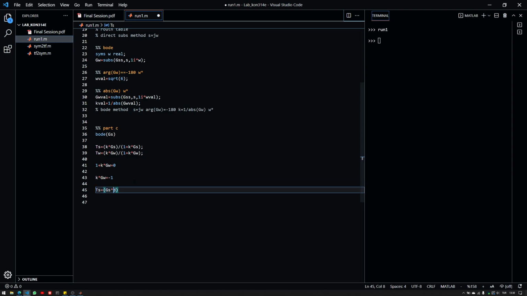And I know that the delay would be something like this, let's say e to the minus td s. So that would be the amount of delay that I can add to the plant, and then take the closed loop. So for unit feedback, I would get this one here.